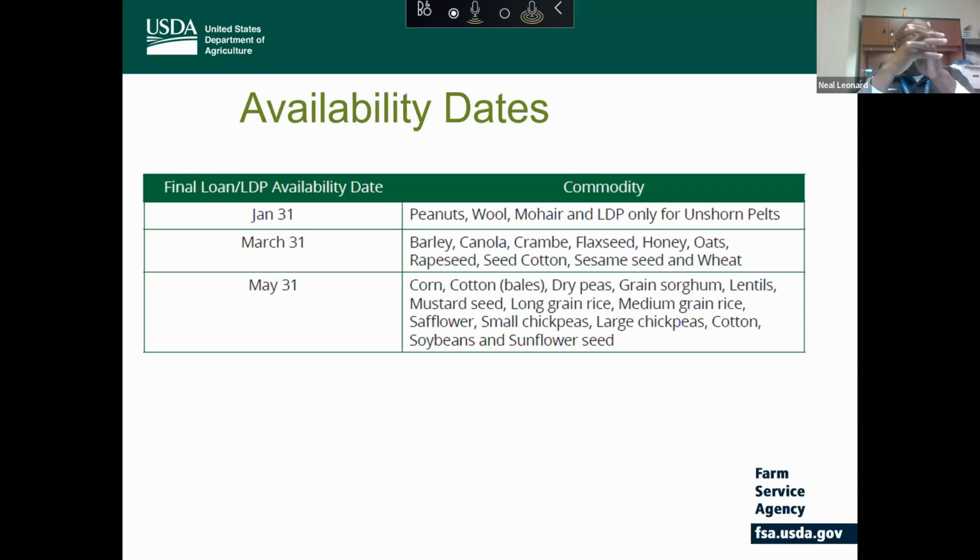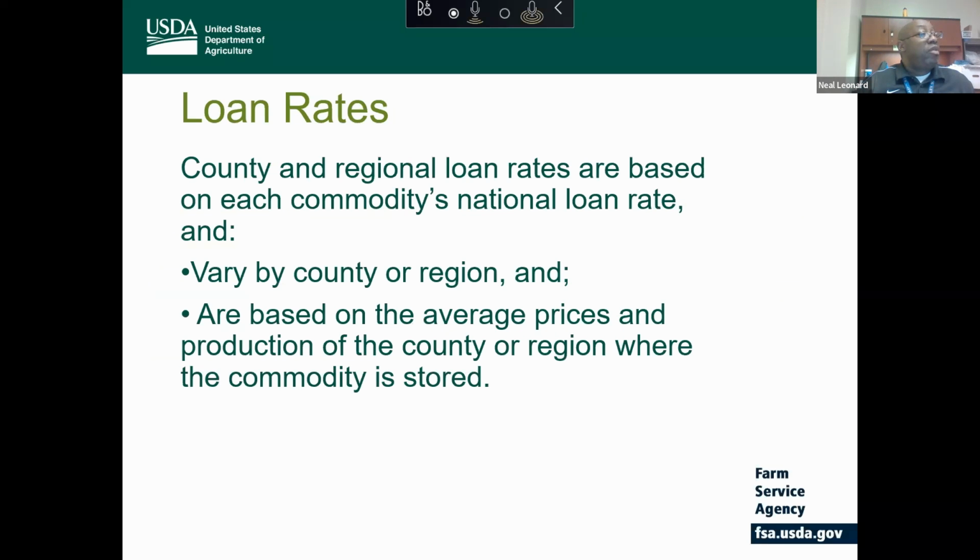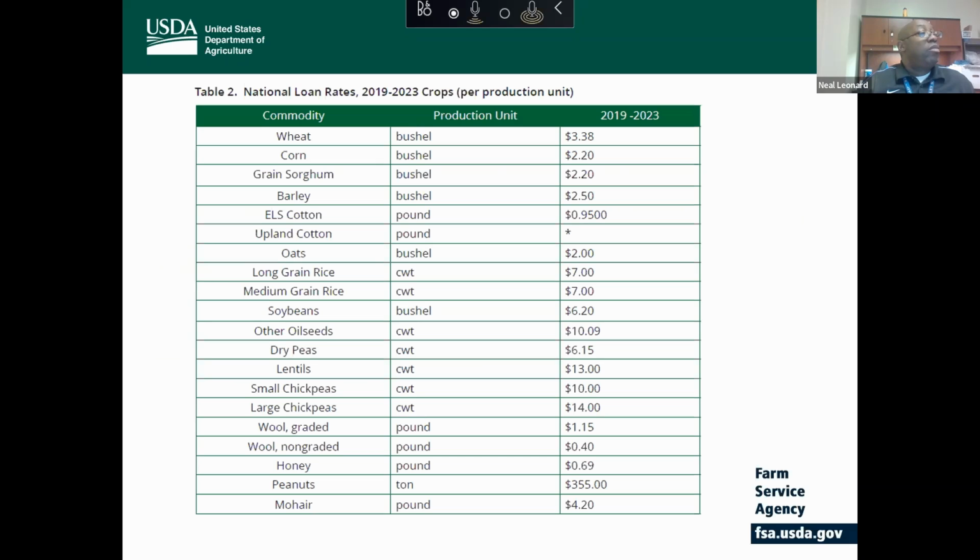I know those crops we do have here in Georgia oftentimes go on loan, but you have until May the 31st to get on loan. That's last year's crop now. That's the national loan rate.